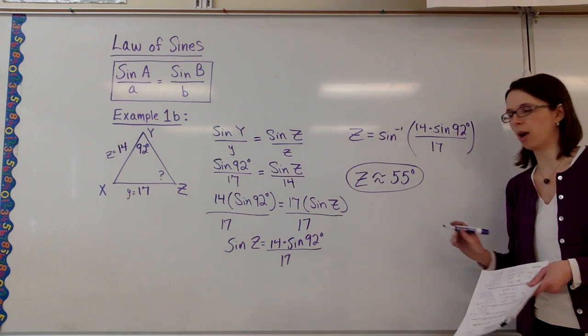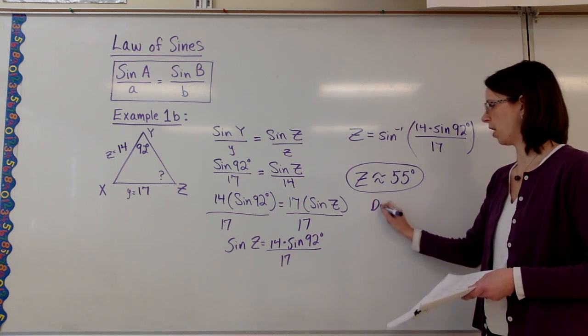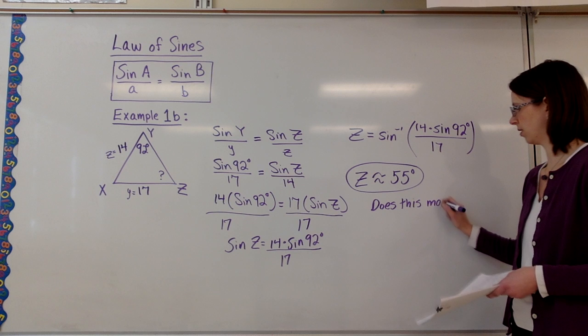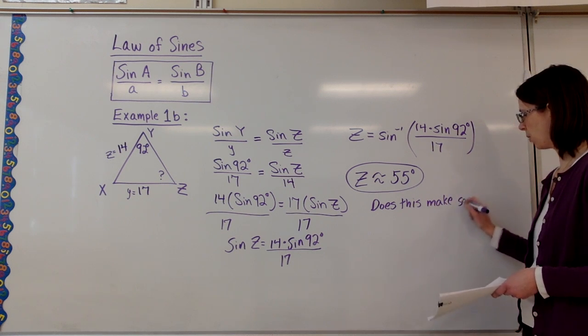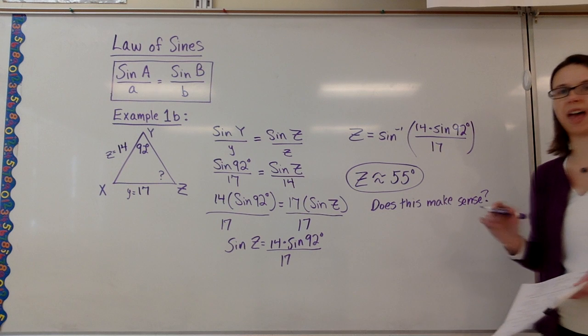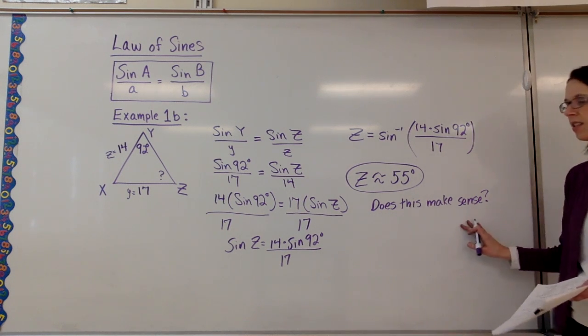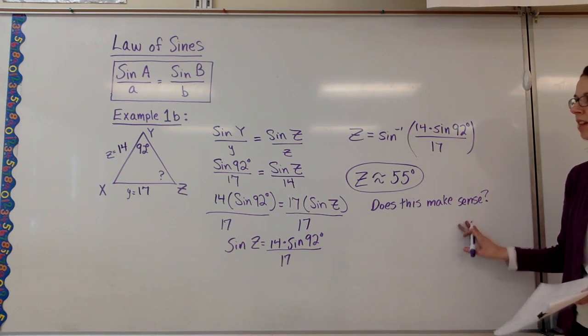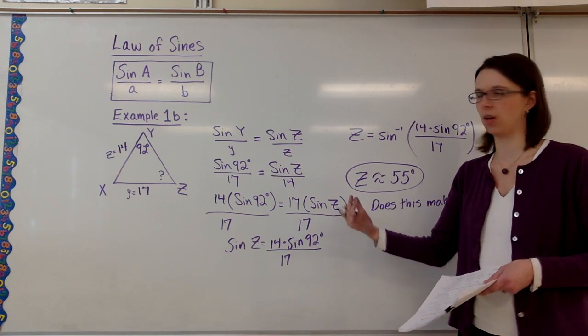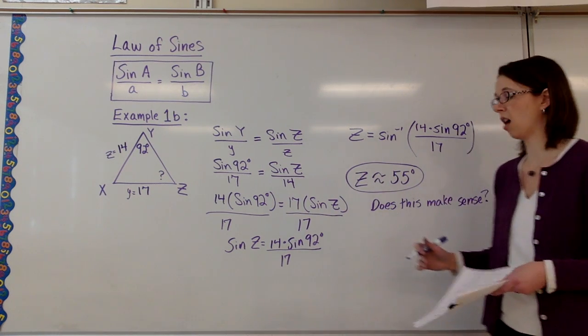Always at the end of a trig problem, we have to ask ourselves the question, does this make sense? What we did in the last video, we're going to do similar to that here as well. Does this make sense in relation to the sides that are given in the diagram with the results that we just got?